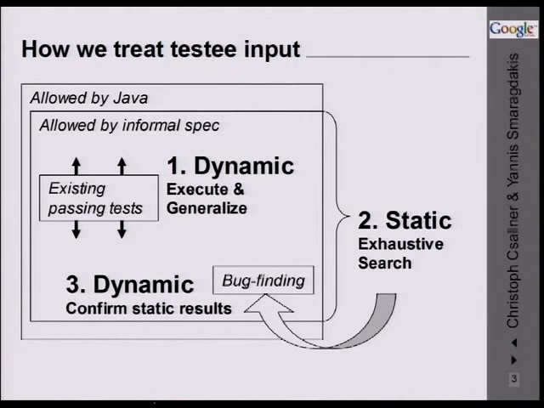It's all legal Java. But then there's also a subset, the little smaller box here. That box represents the inputs that are allowed according to the specifications you have. For example, there might be some Javadoc that says you're only supposed to put positive integers into this function.